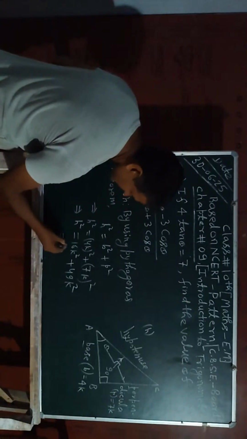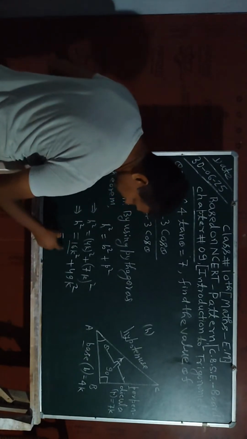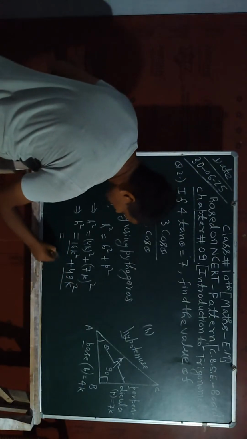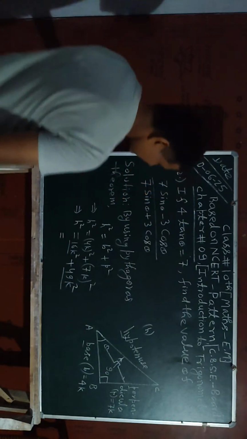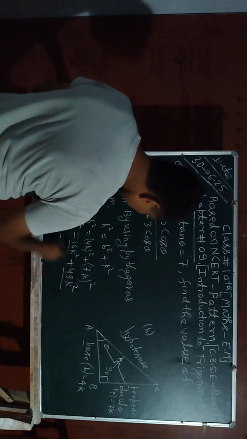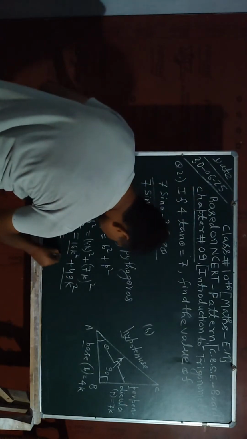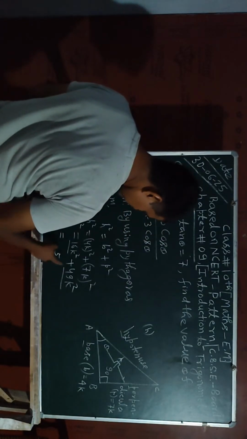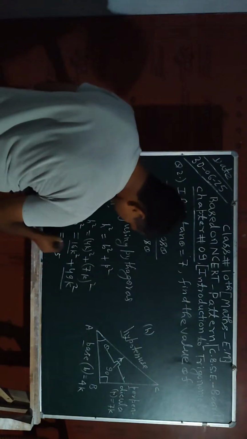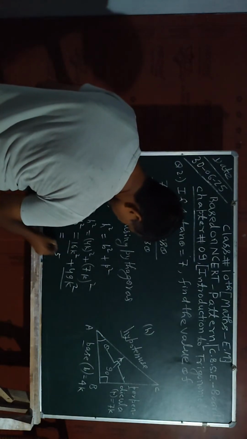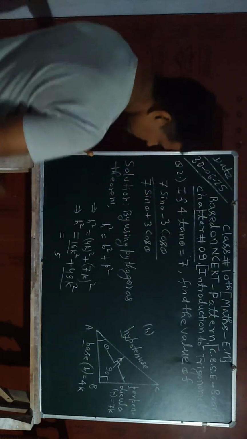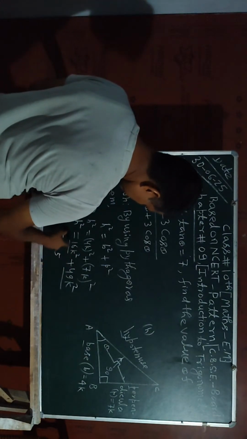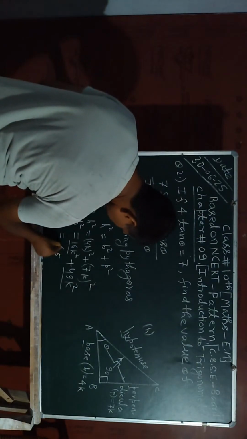I will add 16k square plus 49k square, which gives 65k square.